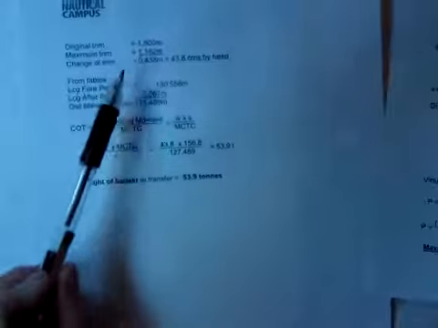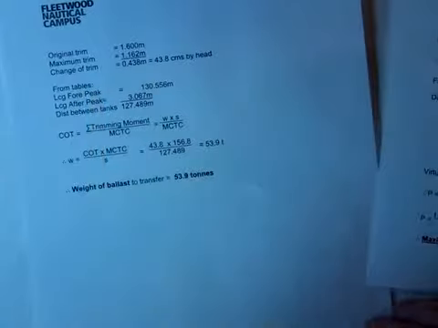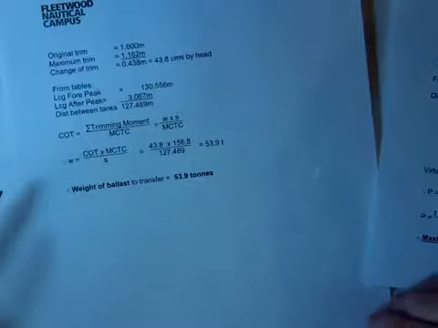So we know our original trim is 1.6. We know the maximum trim we're allowed is 1.162. Therefore our change of trim has got to be 0.438, or 43.8 centimetres by the head. So we're having to transfer the weight to create a change of 43.8.